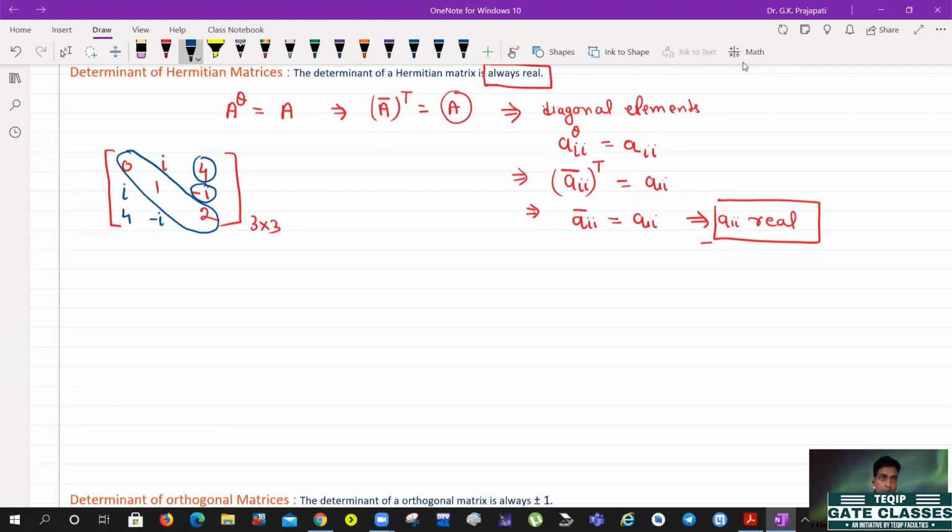Now for the conjugate we take the conjugate of i, which is minus i, the conjugate of 4 is a real number, so it is again 4, and the conjugate of minus i will be plus i. By this method we can construct any example of Hermitian matrices. So this is an example of a Hermitian matrix.